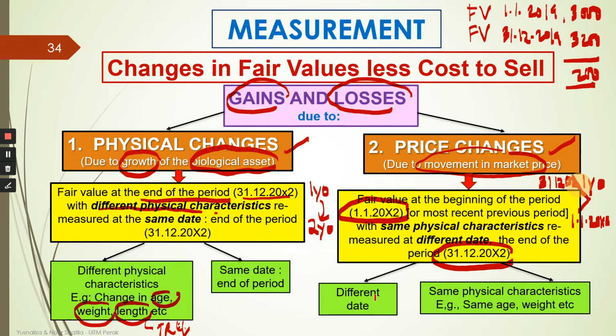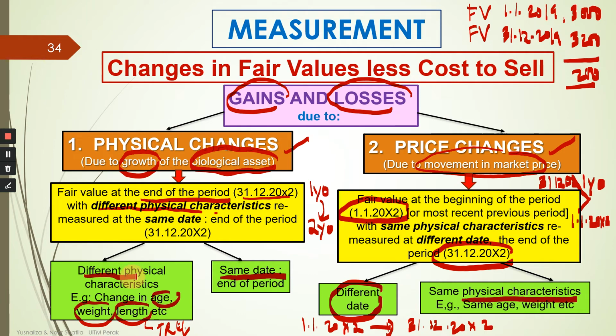The key word here is different date, 1st of January 20x2, beginning of the year perhaps, versus 31st of December 20x2, but with the same weight, same characteristic, let's say a 1 year old cow or just a 2 year old cow. So same physical characteristic but different date, as opposed to the other one, same date but different physical characteristics. We'll see this in an example, how to apply.